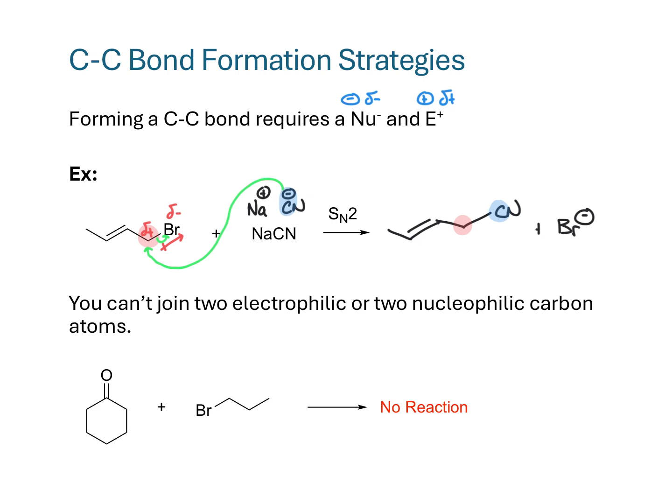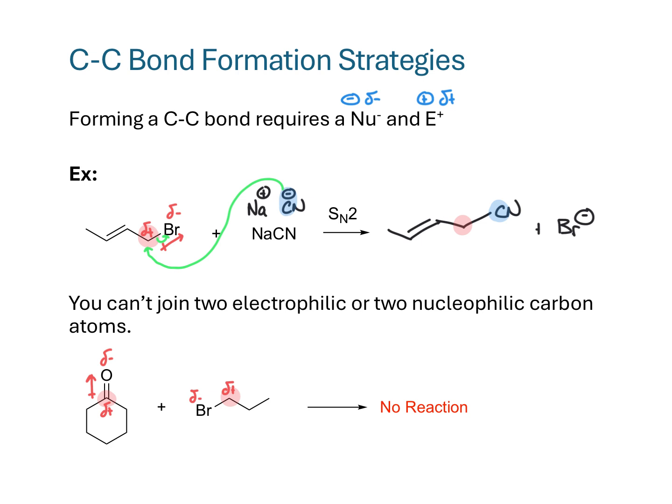For example, down here I have a carbonyl which has a dipole. That makes the oxygen delta minus, the carbon delta plus. So that carbon is electrophilic. And then the organobromide, just like we saw in the previous example, the bromine's delta minus, the carbon's delta plus.